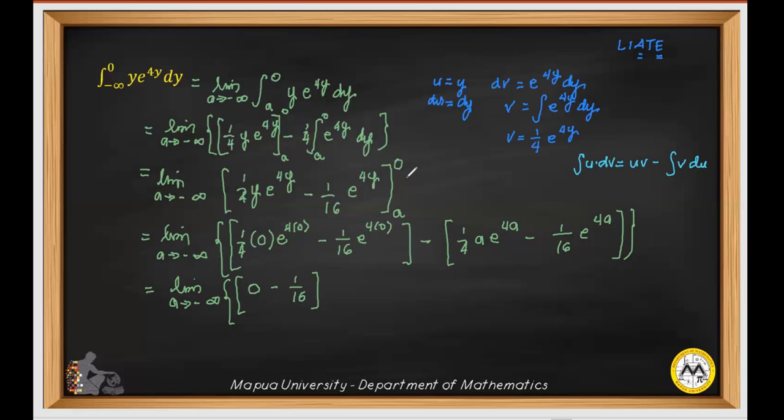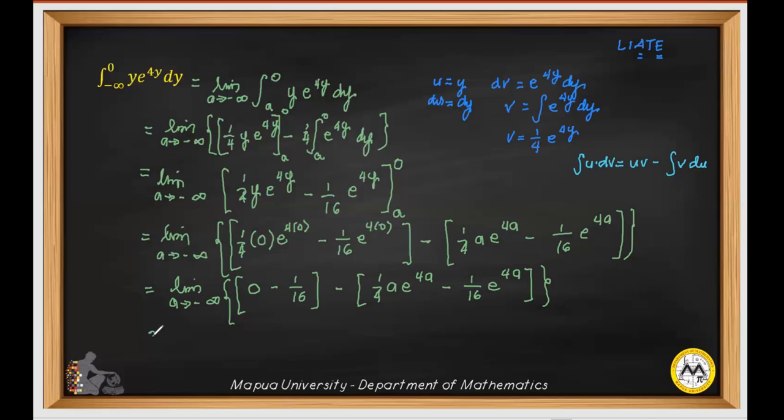Now minus the value of the indefinite integral at the lower limit a. So we will have 1 over 4 a e raised to 4a minus 1 over 16 e raised to 4a, close.